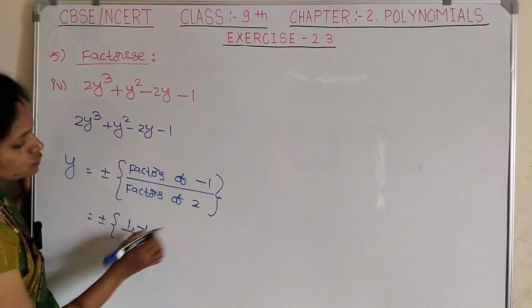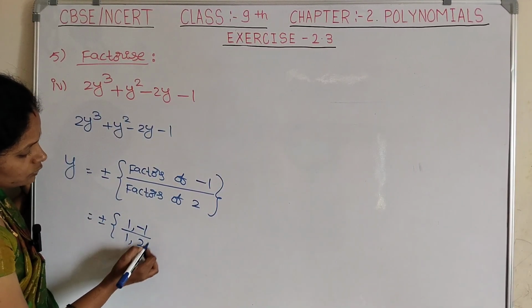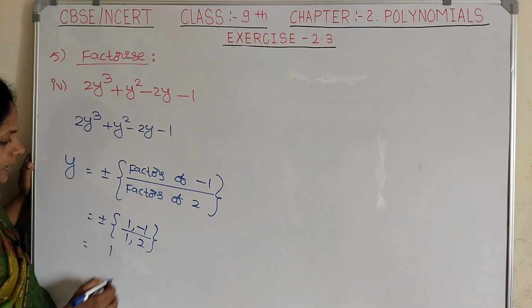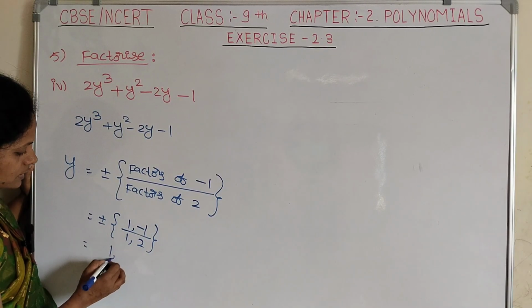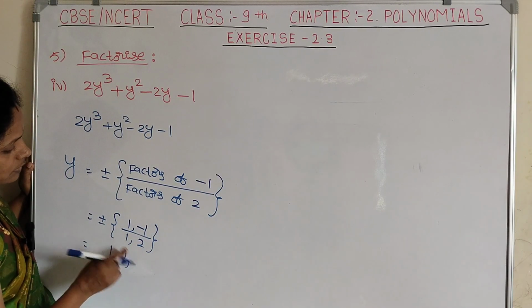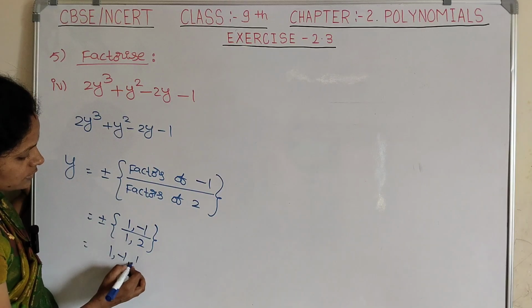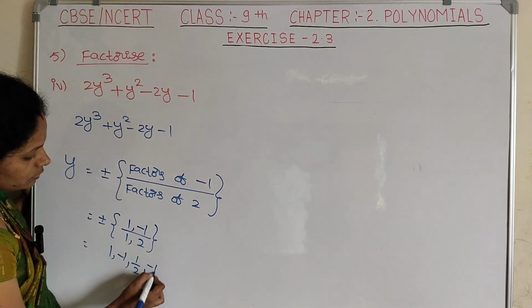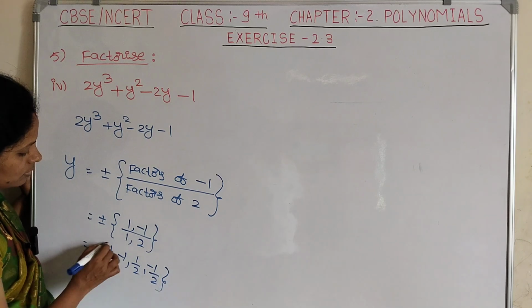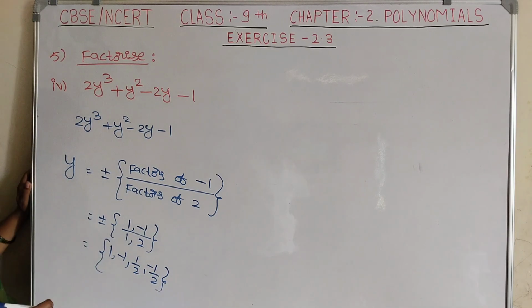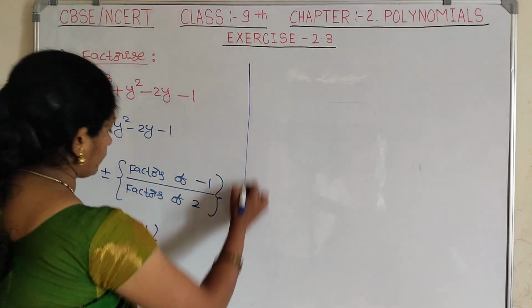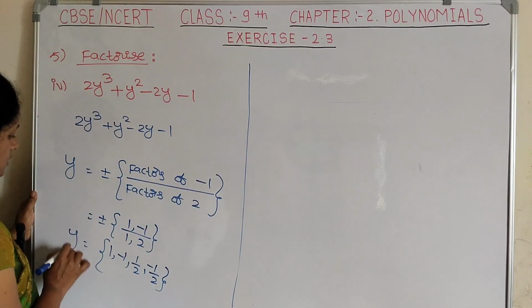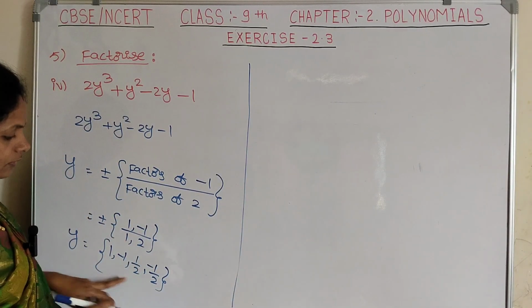The factors of 2 are 1, 2. 1 by 1 is 1, minus 1 by 1 is minus 1, 1 by 2 is 1 by 2, minus 1 by 2, this way. So y is equal to, directly we have taken the factors.